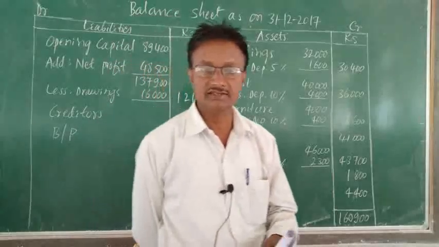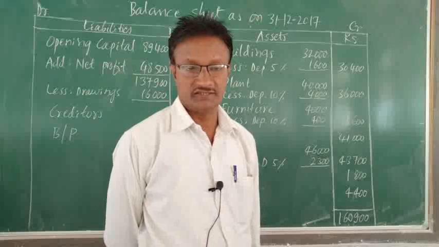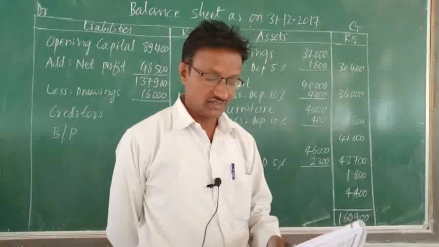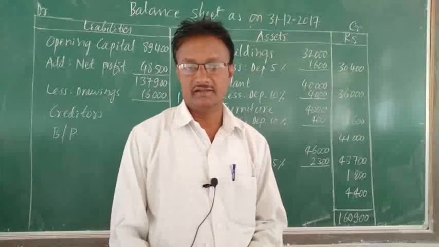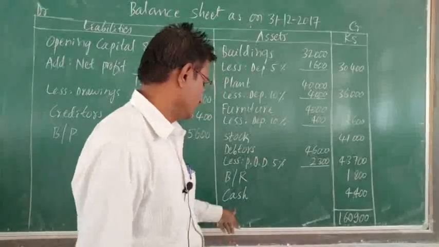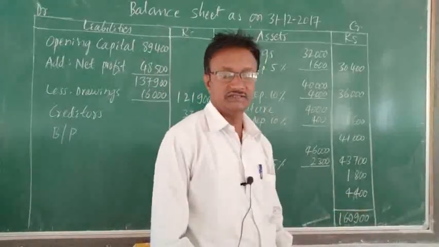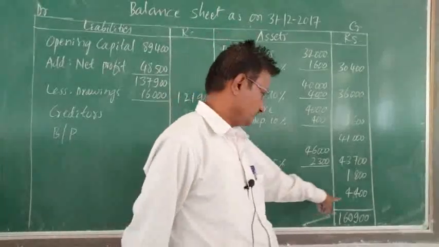It is given in the cash book as closing balance 4,400. Closing balance in the cash account indicates cash at the end of the accounting period.